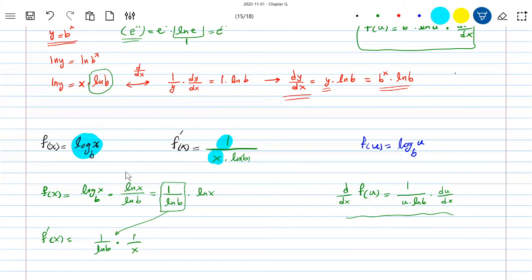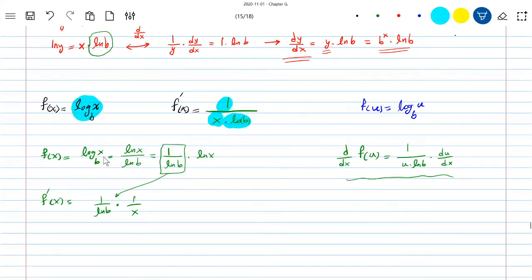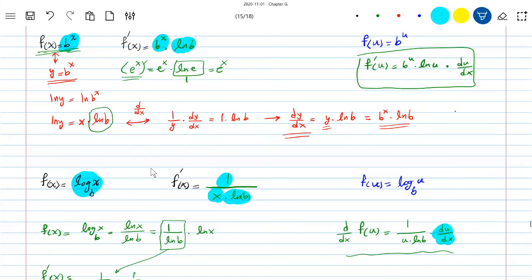But since there's a different base, there would be an ln b showing up. And extended, the chain rule is simply this extra term multiplied by du over dx. This is the derivative of the inside function. The inside function could be the exponent or the input to the log.